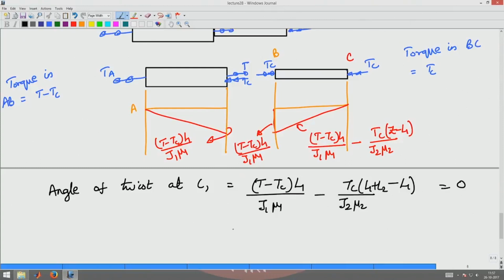Okay. So that gives you Tc into L1 by J1 mu 1 plus L2 by J2 mu 2 must be equal to T into L1 by J1 mu 1, right.